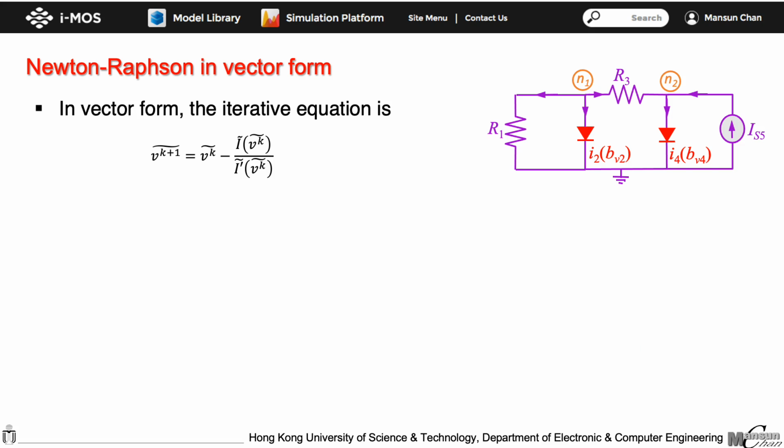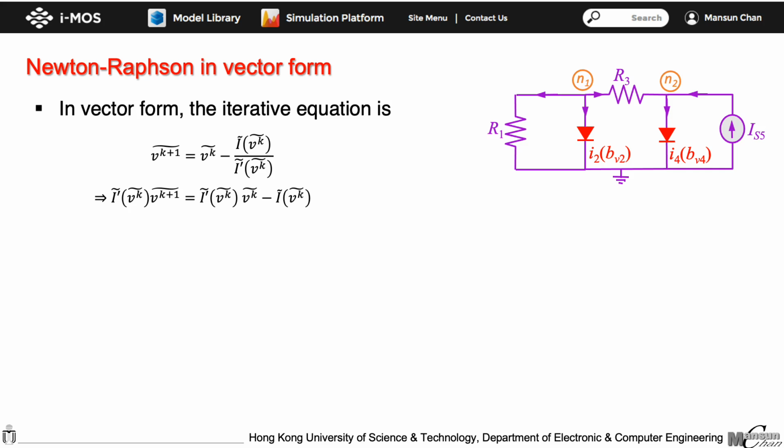In vector form, the iterative equation is similar, with the scalar variables replaced by vector variables. The same concept is still valid, and the multidimensional derivative serves as a guide to which direction to search for the next solution. Multiplying out the equation to remove the fraction, it can be written in the form given here.